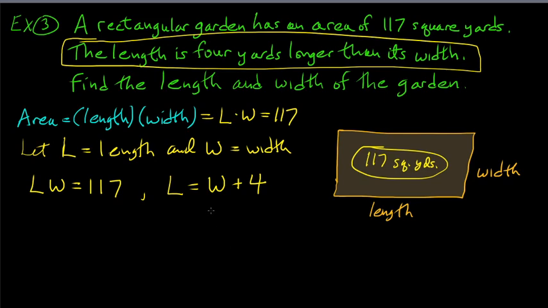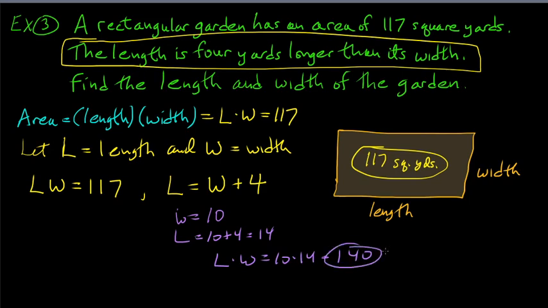If the width is 10 yards, then the length would be 10 plus 4. It would be 14 yards. Now that's not the answer, of course, because look what happens. If I multiply the length times the width, 10 times 14 is 140, which is not 117. So that's not the garden.